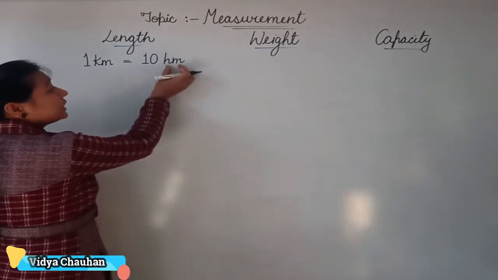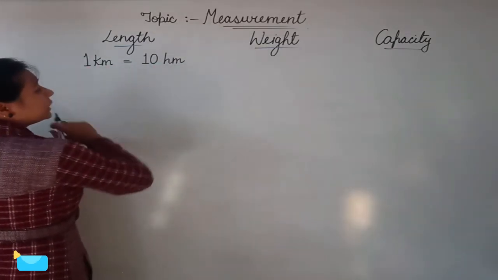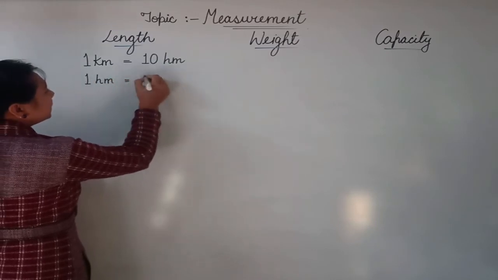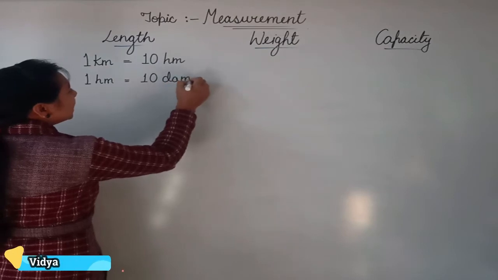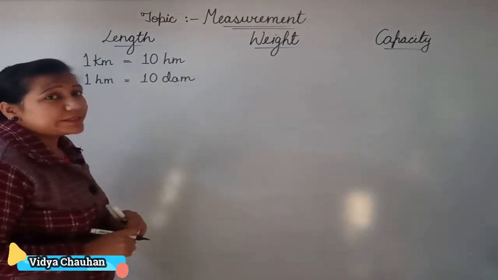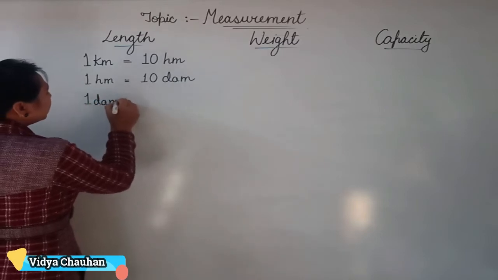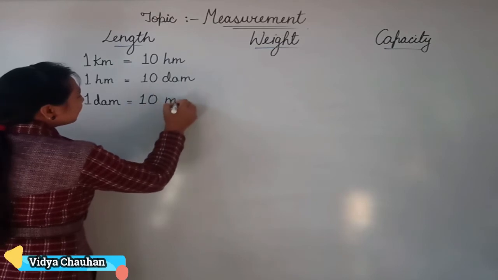This hm is hectometer. After that, 1 hectometer is equal to 10 decameter. After that, 1 decameter is equal to 10 meters.